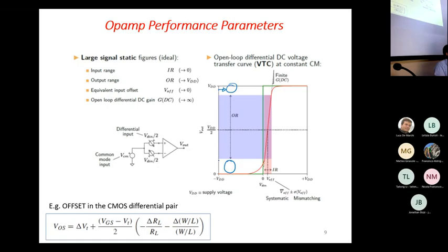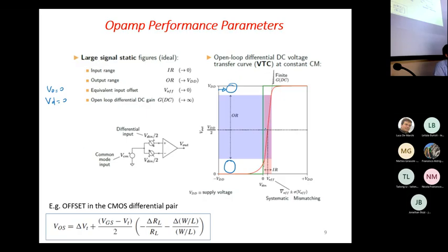Then another important non-ideality is the fact that we would like to have an output rigorously equal to 0 when the differential voltage is equal to 0. But this is not the case in all the practical realizations of our circuit.